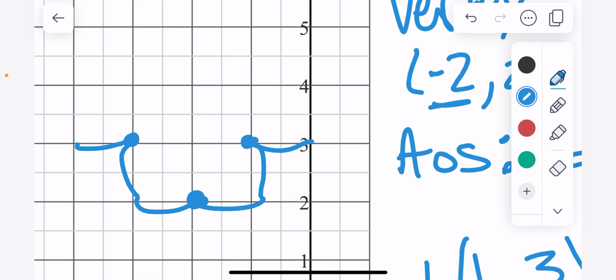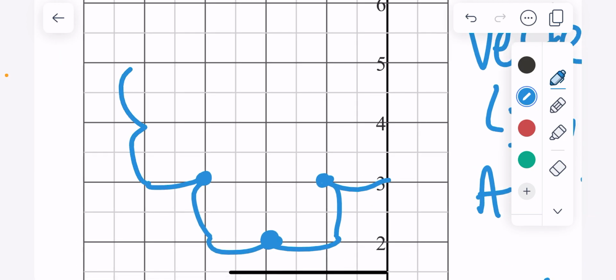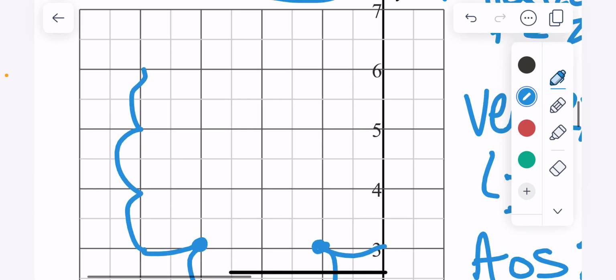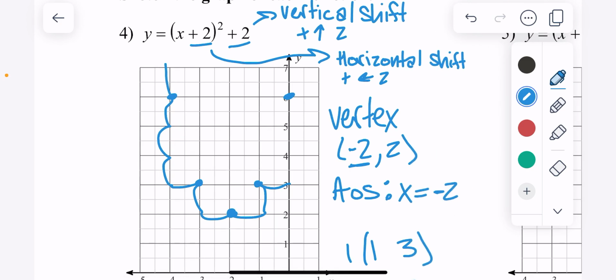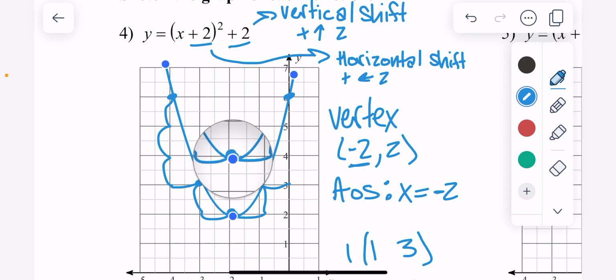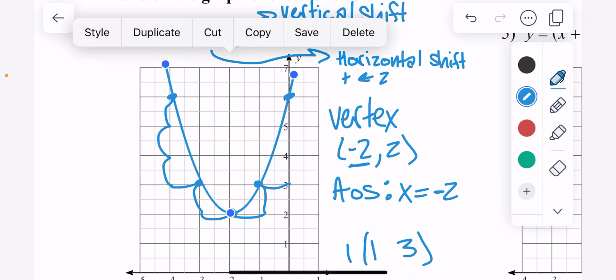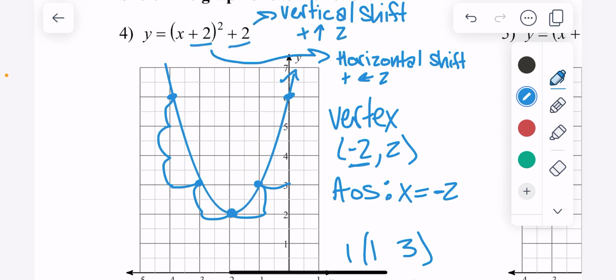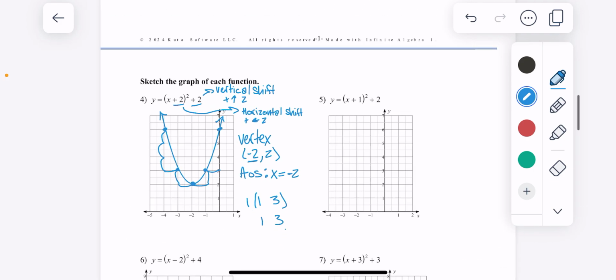It doesn't matter what your a is, you're always going to go left, right, 1. And then we're going to go up 3. Cool, and we can go ahead and graph that. Hopefully something like this. Draw your arrows on the top and call it a day.